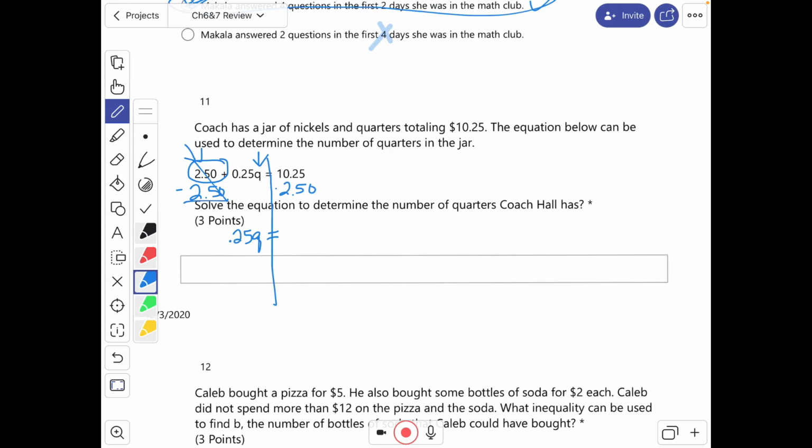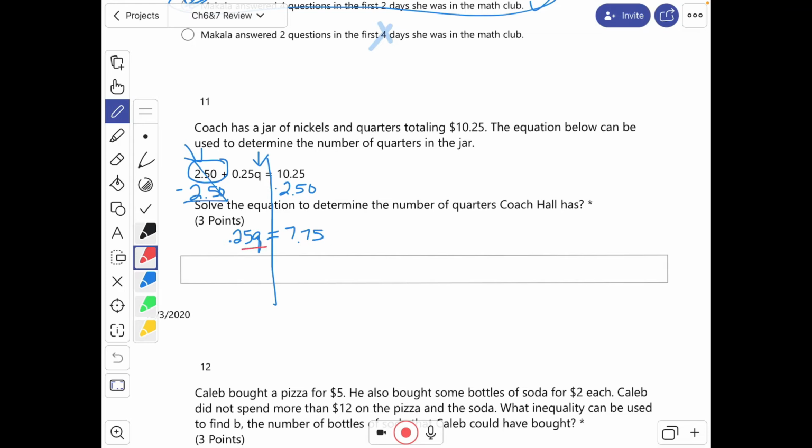equals $7.75. The next step is to get the Q alone.